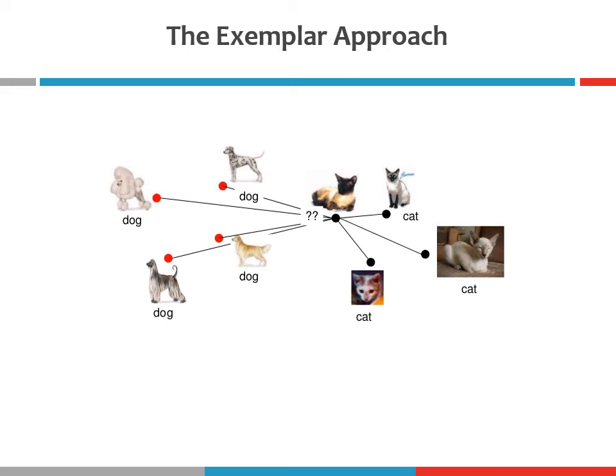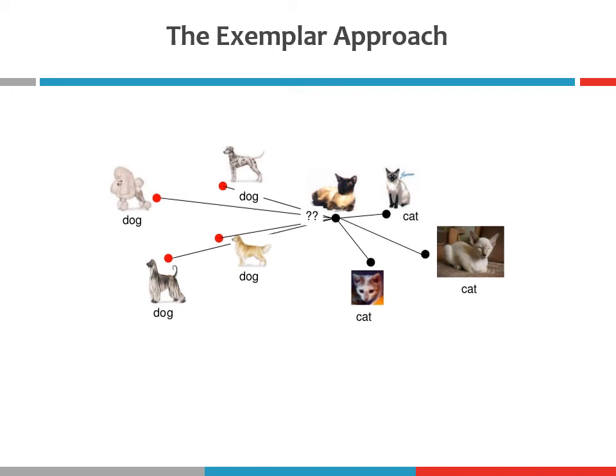So in your mind, you're going to bring up a catalog or Rolodex, if you will, of all of the category members you've ever encountered, and you're going to compare this new object to each of those examples, okay?